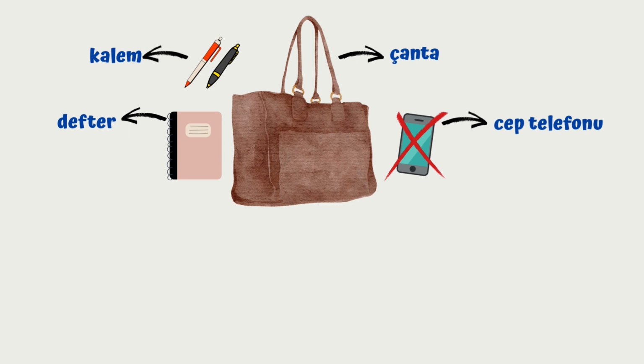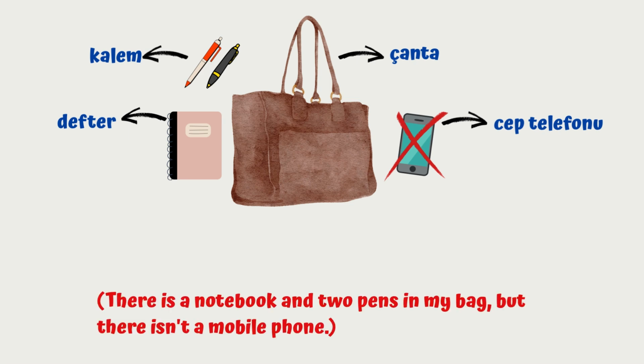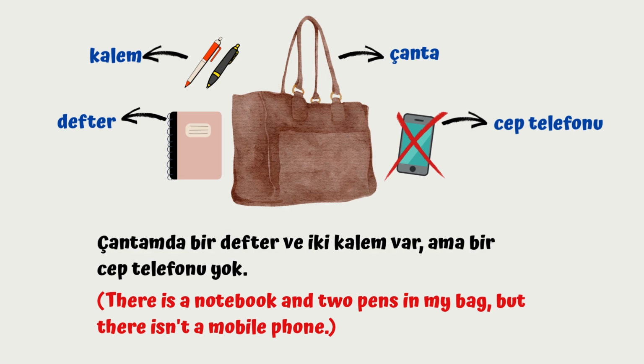So this is what I'm gonna say. There is a notebook and two pens in my bag, but there isn't a mobile phone. And this is how we say it in Turkish. Çantamda bir defter ve iki kalem var ama bir cep telefonu yok.